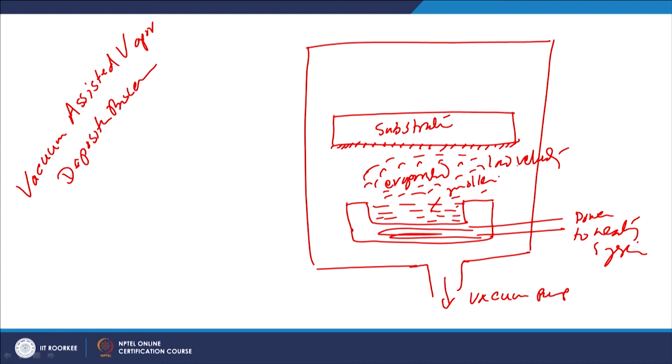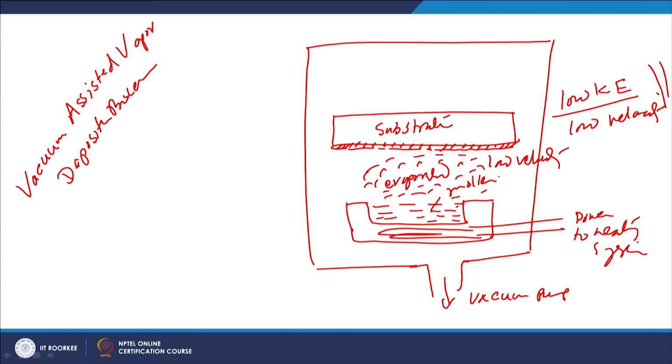The metal which is evaporating and impacting with the surface of the substrate will get deposited over the surface. The energy with these vapors is very low because of the low velocity, so low kinetic energy with these gaseous particles which are moving up and impacting with the surface of the substrate.